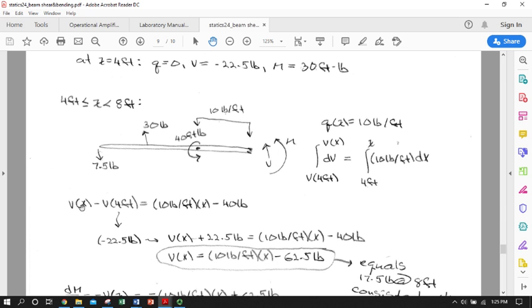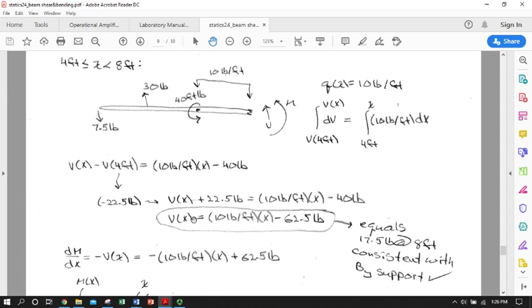So the shear force exerted by the remaining right-hand member of the beam at any x on this interval is, after some algebra to pool our constants together and drop in our negative 22.5 pounds from the previous segment to evaluate V at 4 feet, V at any x in that interval equals 10 pounds per foot x minus 62.5 pounds.